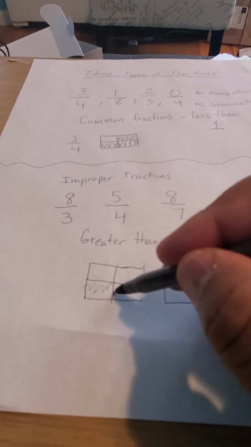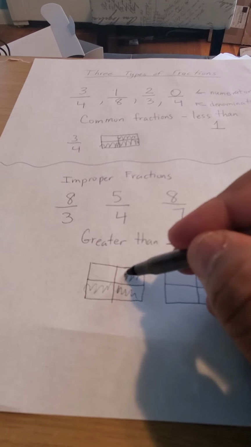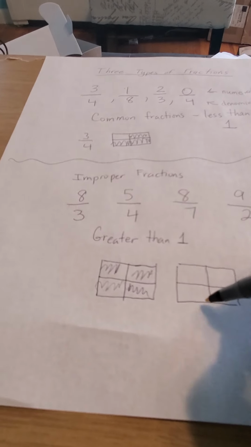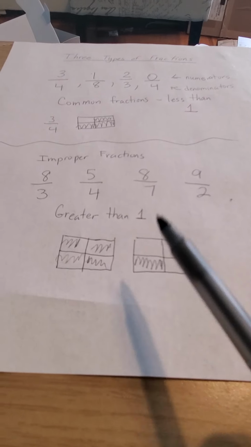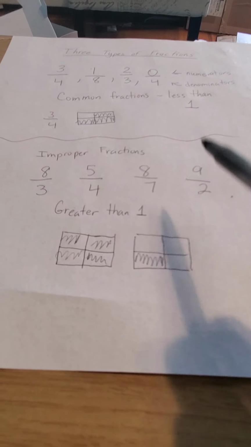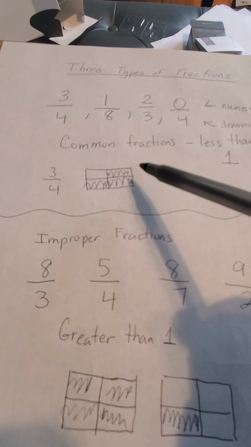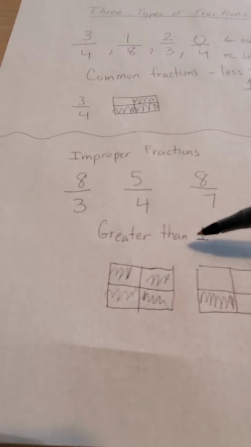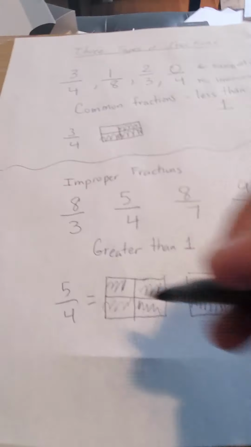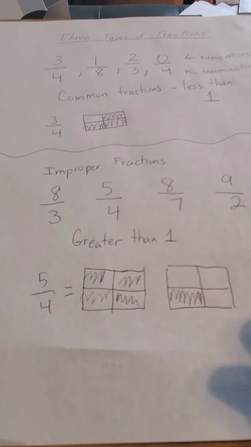So I would eat 1 whole brownie, which is 4/4, and 1 extra from the other brownie. So you can see this is larger than 1 brownie. Here, the common fractions, you have less than 1 brownie eaten, 3/4. Here we have 5/4, which is more than 1 brownie.